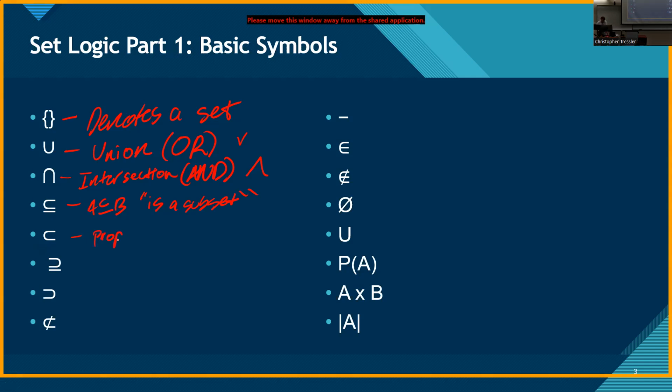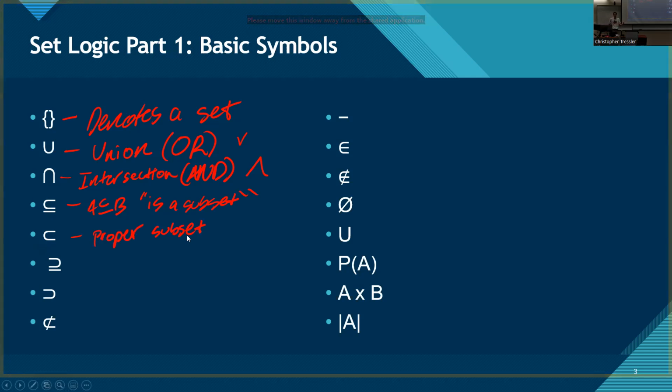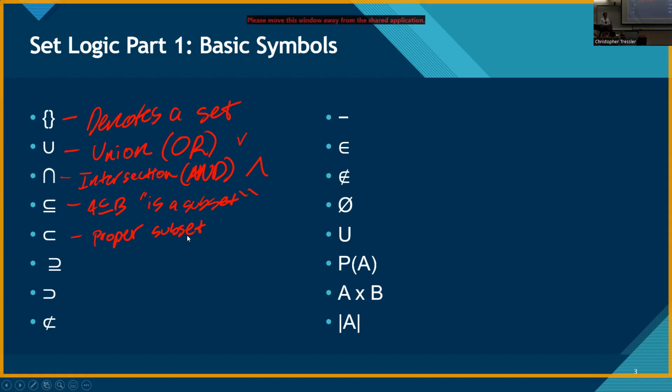For a proper subset, let's say we had one set that was 1, 2, 3, and another set that was 1, 2, 3, set A and set B. We could say that set A is a subset of set B, but we could not say that set A is a proper subset of set B because it's not less than, it's the same set, if that makes sense. Hopefully you can understand the difference between these two. It is a minor difference, but it is an important one because it might show up on the exam. Now then we have, this is called a superset.